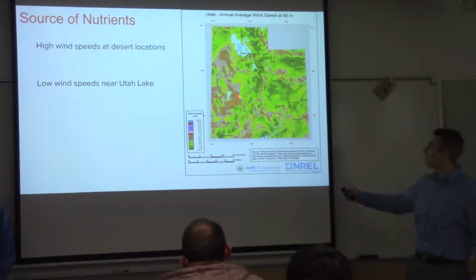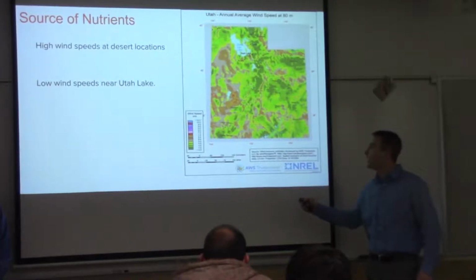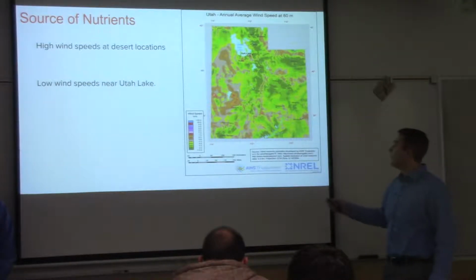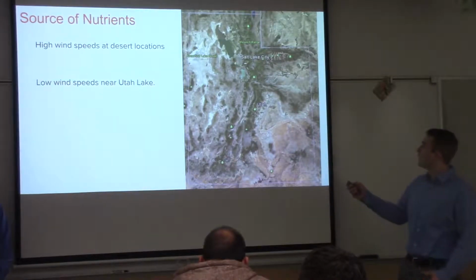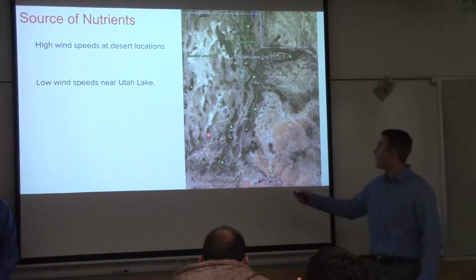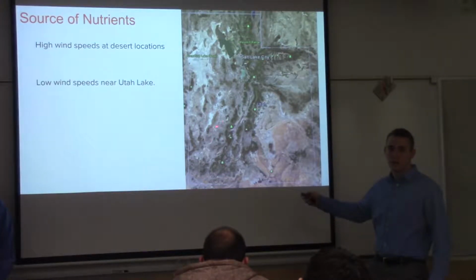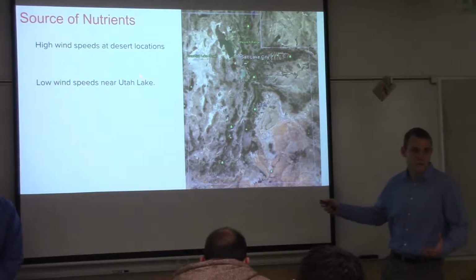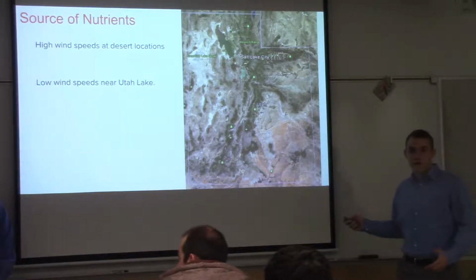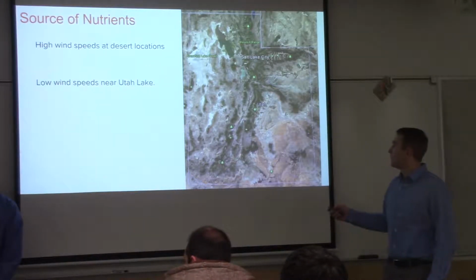There are wind speeds that range from 6 to 10 meters per second. That's a very fast wind speed. If we look at a Google Earth image of Utah, we can see in that same area, it's a desert. Right? Lots of exposed dry lake beds. Lots of dust can be picked up from these dry lake beds.